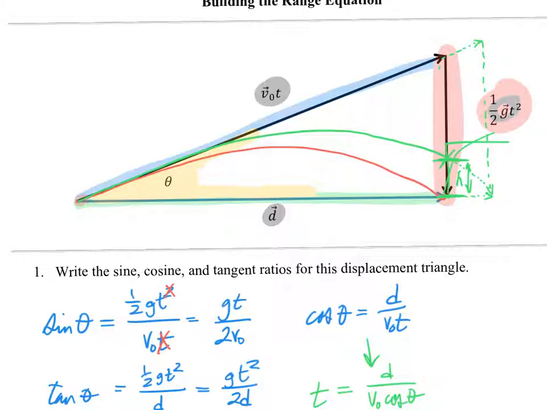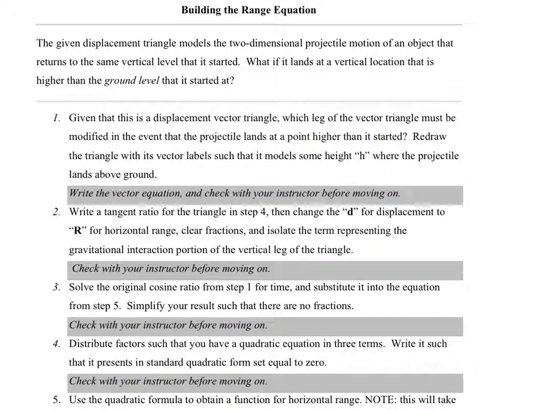So we can, so little math, the distance or range over V naught cosine theta. We have a little bit of work to do here, but I want to walk through it with you.